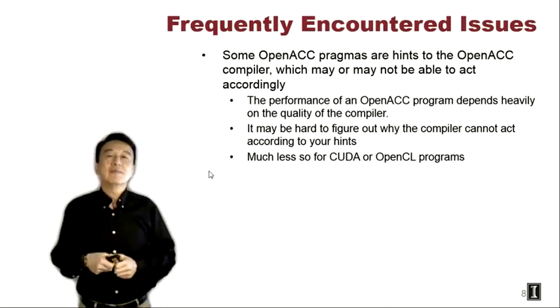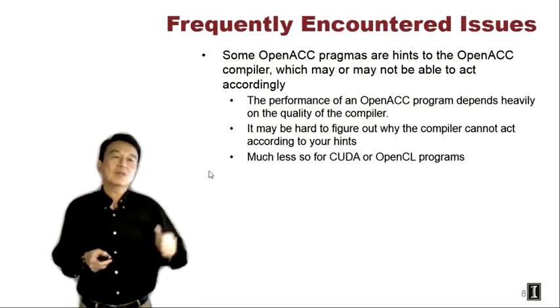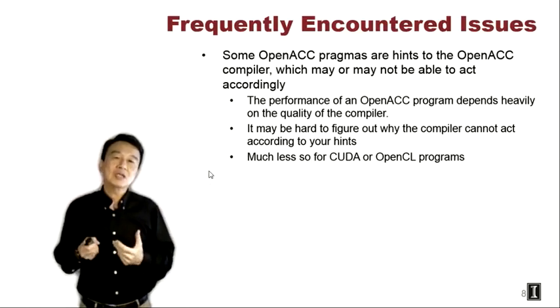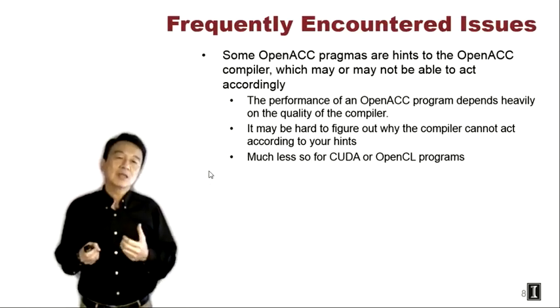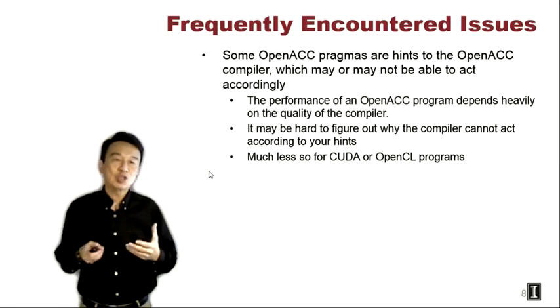However, many OpenACC programmers also experience some issues, because some OpenACC pragmas are hints to the OpenACC compiler. These hints may or may not be followed: the compiler may or may not be able to act exactly as we envision with those hints.